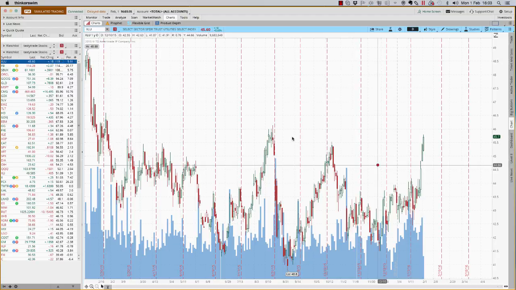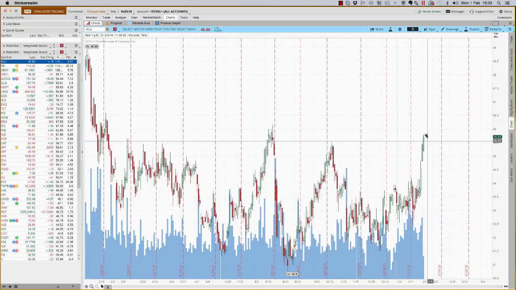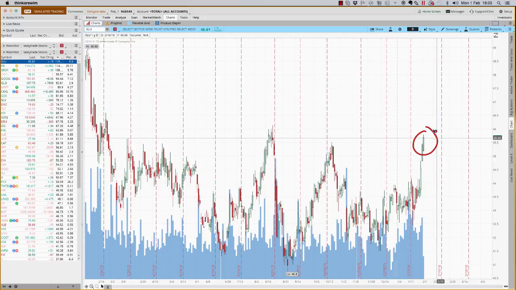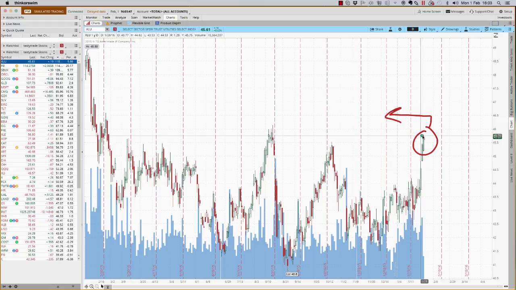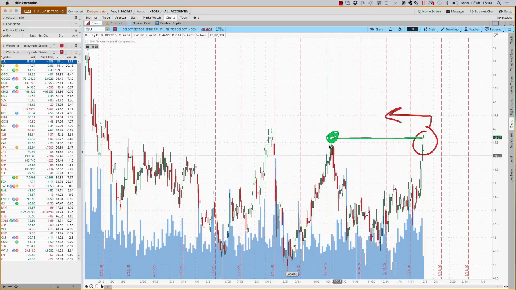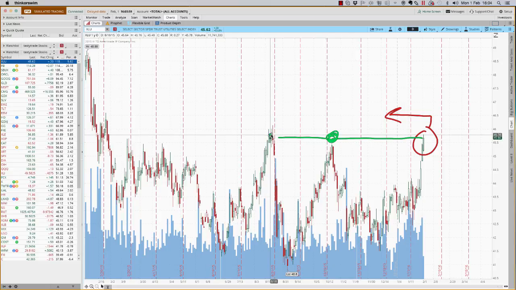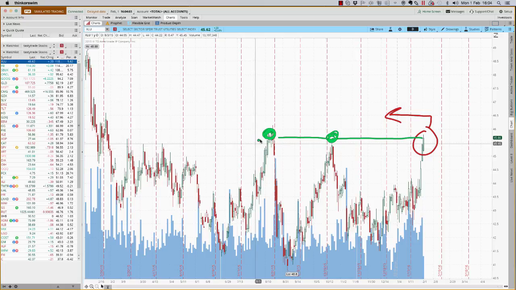So over onto the chart area, I'm going to visually inspect. If this is the current price on the charts, all I want to do is look left across the charts. I can see that this point on the chart here is where price has reacted previously, and price is around there now. If I continue to look left, I can see that price has reacted here in the past as well.